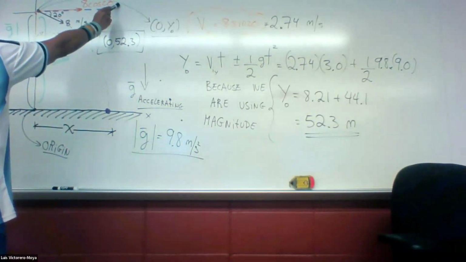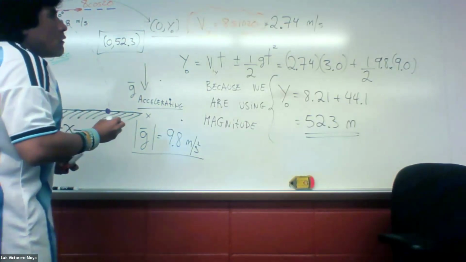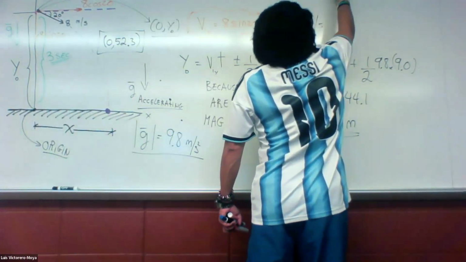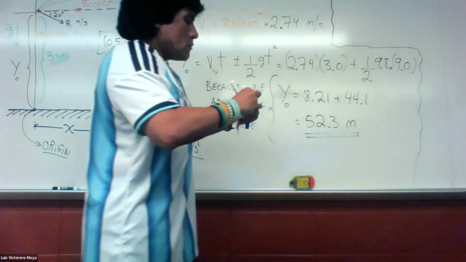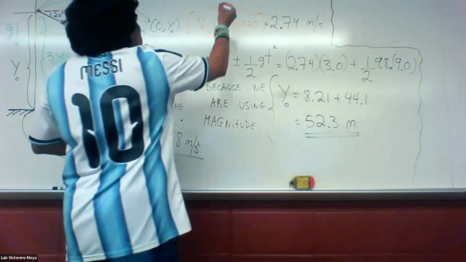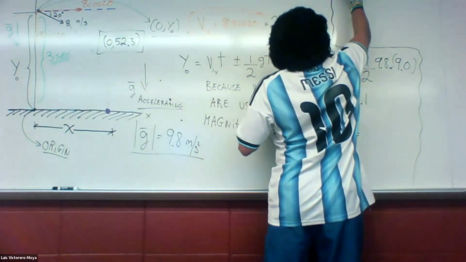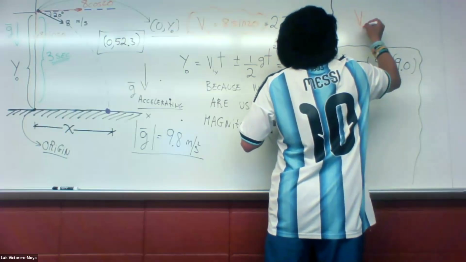So that's Vx, that's Vy. So here, the x and y components of the initial velocity. So this is part A. Part B, they ask you to find Vx and Vy.